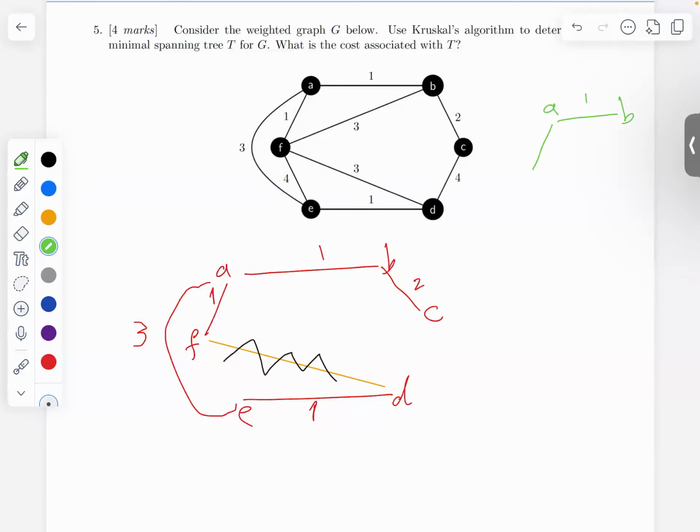Then I will go to F, adjacent. Among these things, B is the smallest, two. Now, among these things, I will get which one? This three, or I could choose this one as well. So three, then from here D, so I have E, and I covered all the vertices and it's a connected tree. So in both cases, the total cost is 8.